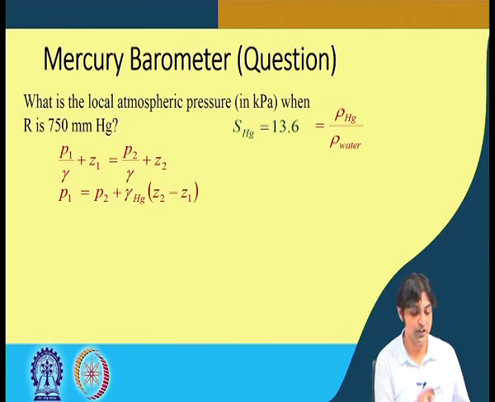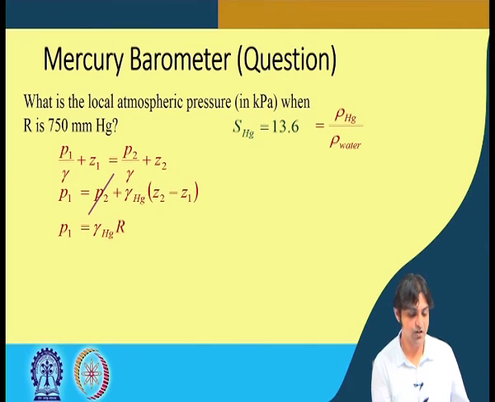We put this piezometric head equation between point 1 and point 2, and we want to calculate the pressure P1. P2 is atmospheric pressure, so as gauge pressure it can be assumed 0, as you have read in fluid mechanics.